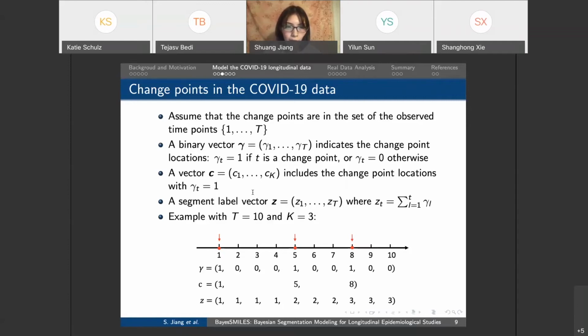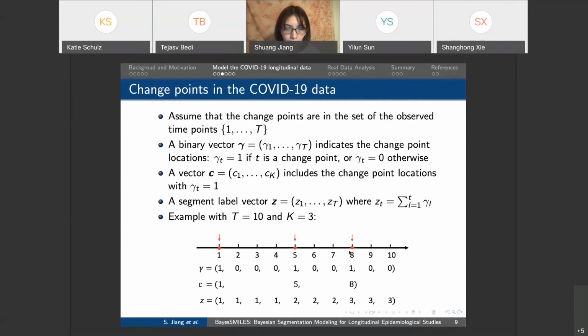We can also define a segment label vector called Z, which is essentially just a reparameterization of our binary indicator vector gamma. And each element in this vector is defined as the cumulative sum of the gamma vector until the current time t. And you will see this association with these 3 parameters in this example. So we assume that we know that these 3 points are the actual change points.